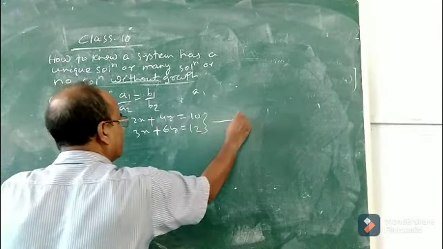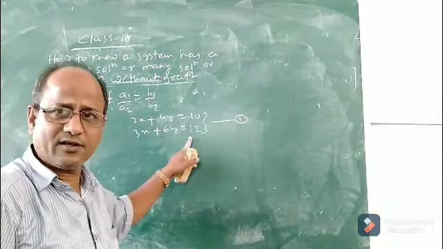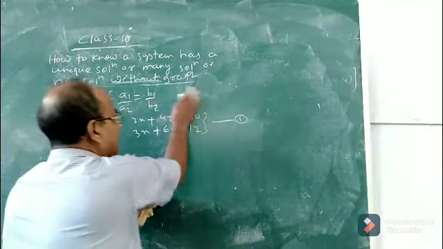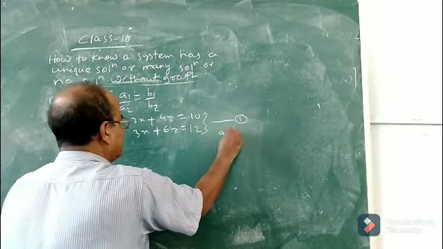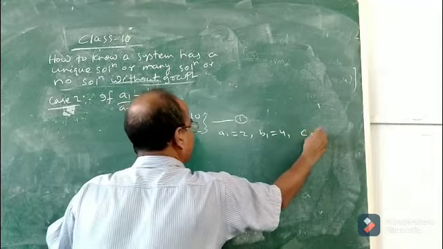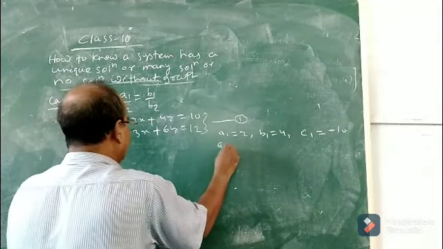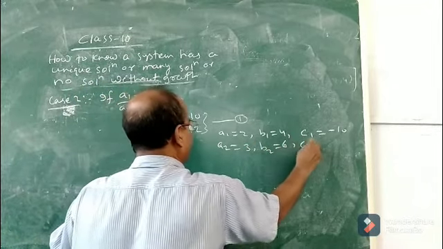Now consider this system of two linear equations in two variables. In this case, first, what is the value of A1? A1 is 2, B1 is 4, C1 is minus 10. A2 is 3, B2 is 6, and C2 is minus 12.